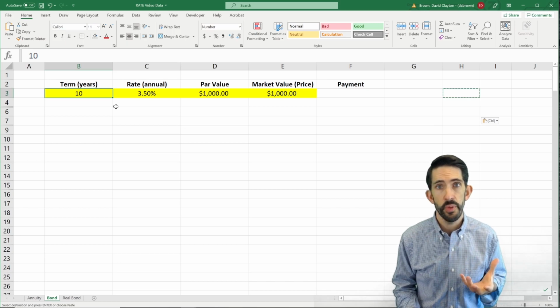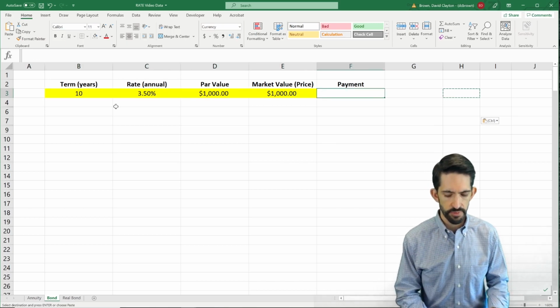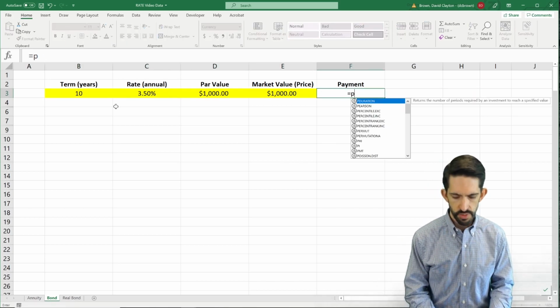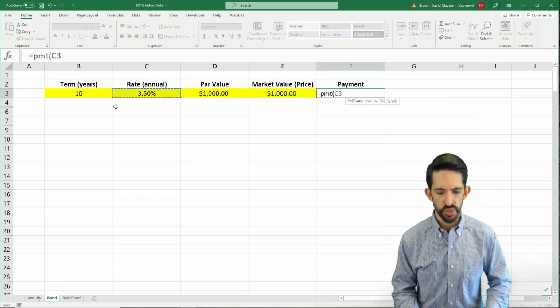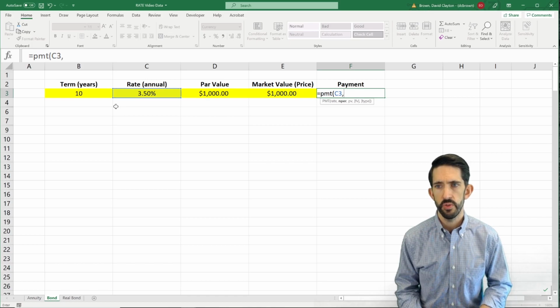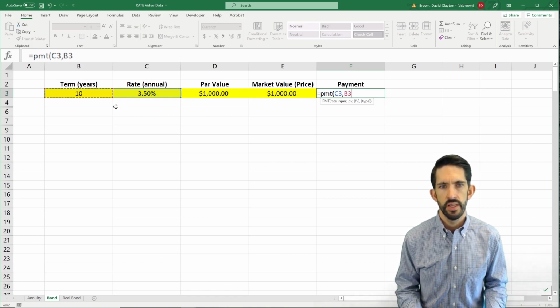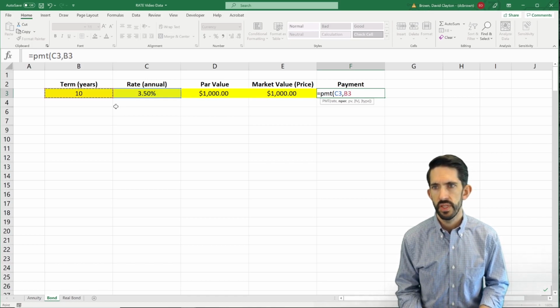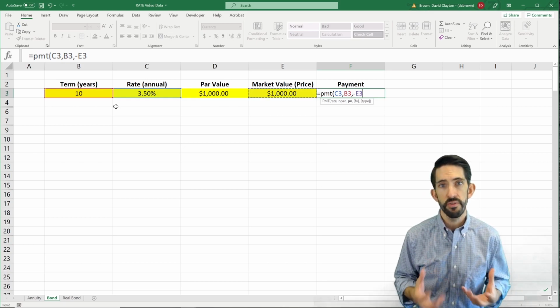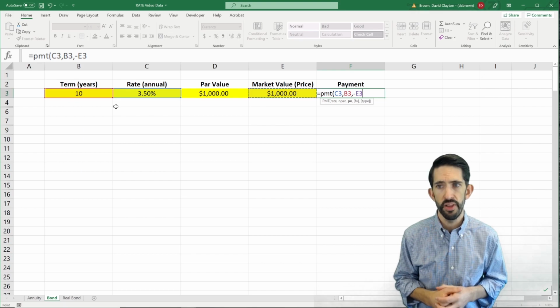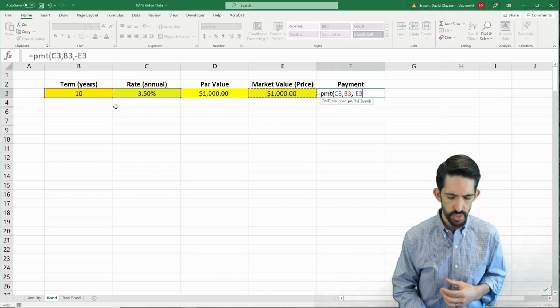So first, let's see how we do that in payment, which we've actually seen before. So we can use payment here, and we can use our rate. We're just going to assume an annual bond to start out here. We'll change that in a second. Number of periods, 10. Our present value, well, that's going to be the negative of the market value, or whatever you pay for this bond. So this is your initial outflow to buy the bond.